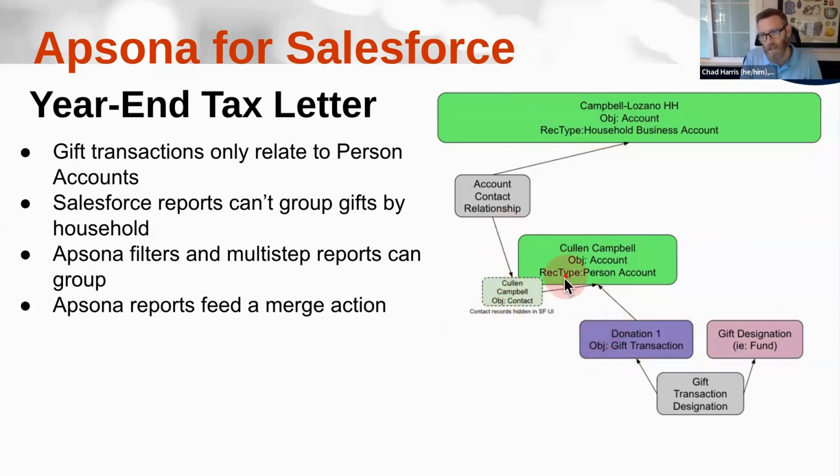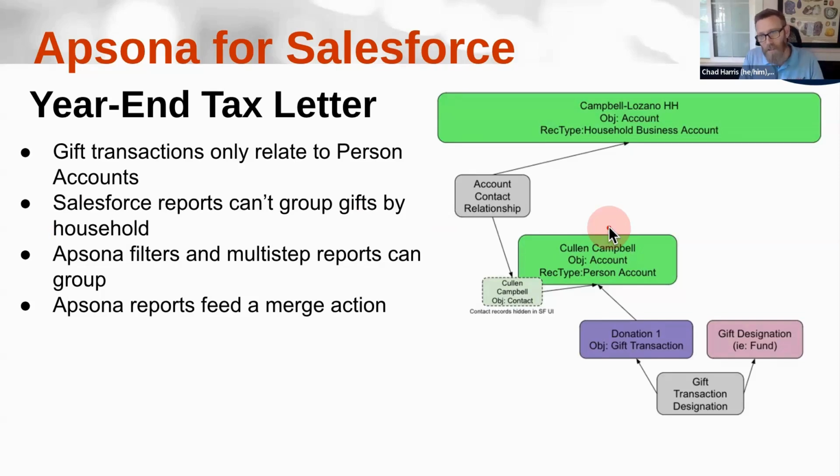You can see there's this complex path that connects people to their household, and we're going to show at a high level how Apsona can solve for this disparate aspect of these different objects. To clarify, gift transactions really only relate to person accounts. Salesforce reports, as far as I know, cannot give you a solid, clean report that groups transactions or donations by household.